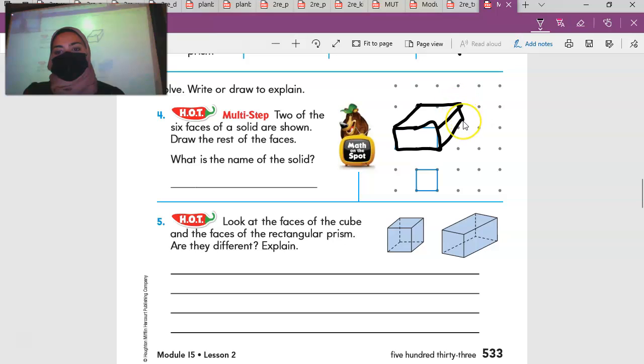And then you connect these two. And then you draw a line from this vertice to this point. And that, my friends, is a what? Rectangular prism.